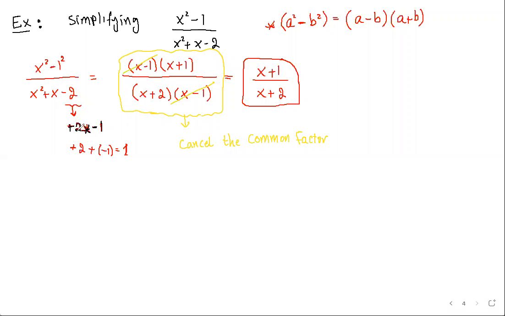Yes, positive 2 times negative 1, and down here 2 plus negative 1. Let me write it again. Here we have 2 times negative 1, which gives me negative 2, the third term, and 2 plus negative 1 gives me 1, the second term.